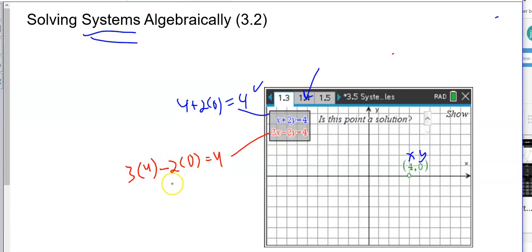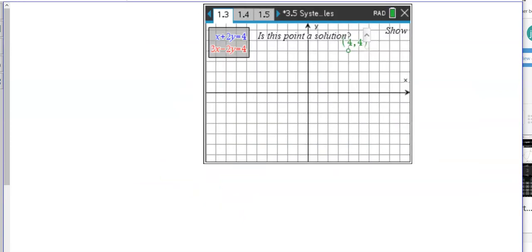If you simplify that, that's 12 equals 4, and that's not true. That point makes the first equation true, but this equation is false when you substitute in. So it's only true for one of the two equations, so that's not a real solution to this problem.